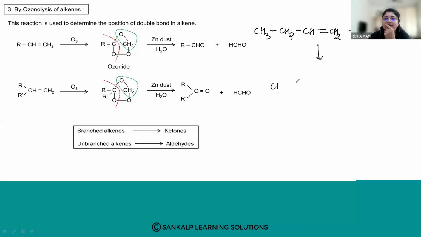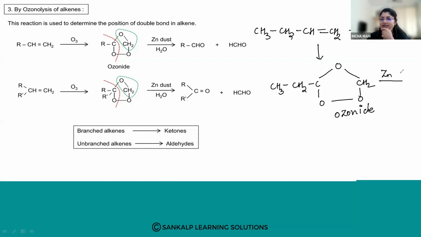So again, CH3, CH2, and the rest of the molecule you write the same. Only across the double bond you have to add the ozone molecule. So this is an ozonide. I'm going to treat it with zinc dust in the presence of water.